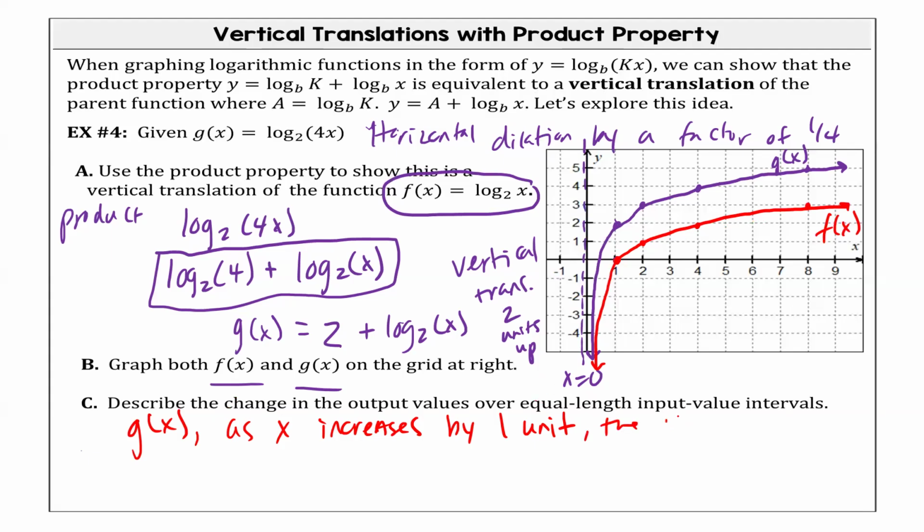the values did what? What did my output do? The output increased by 2. Well, compared to the g of x. So g of x from here, what happened? Decreased. The y values increased, right?